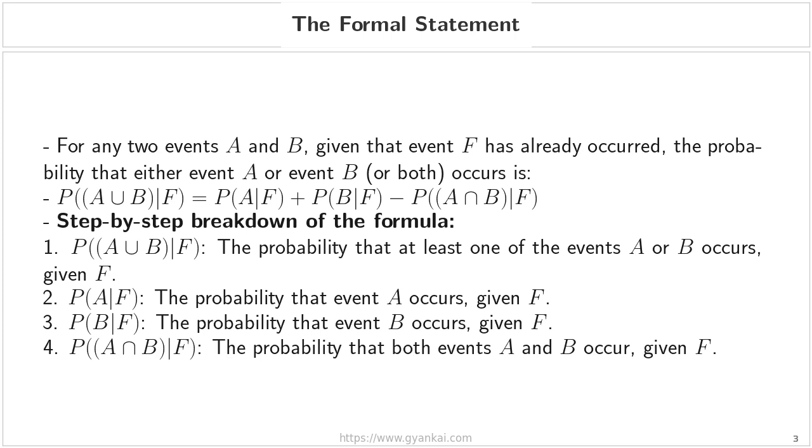Finally, we have the term we must subtract, the probability of the intersection of A and B given F. This represents the probability that both events A and B occur simultaneously, given that F has happened. We subtract this to ensure we aren't double counting that overlapping middle section. As we will see in the next slide, this subtraction becomes much simpler if the events are mutually exclusive.